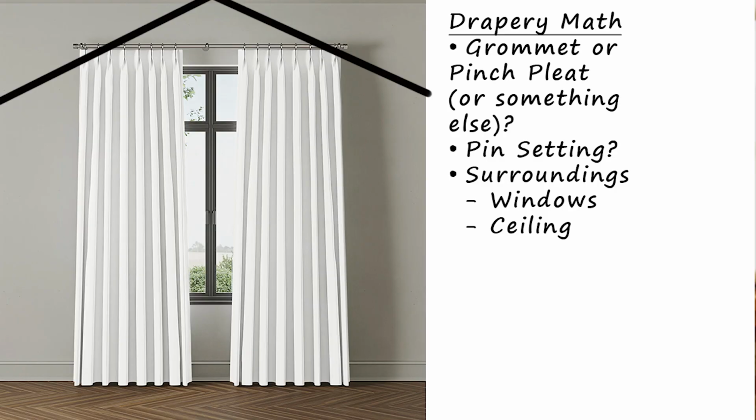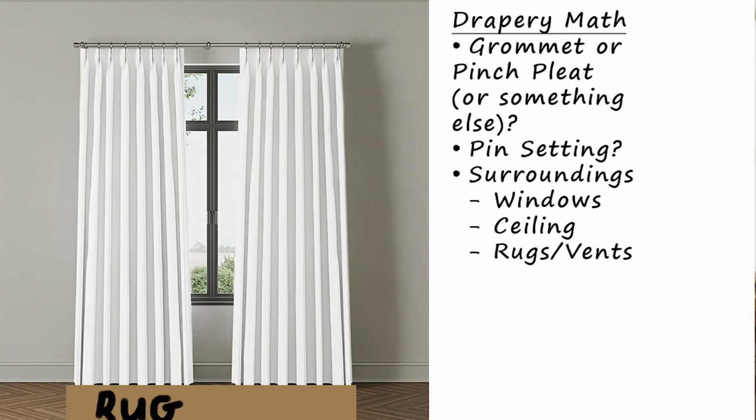Is there a pitch to the ceiling restricting how far you can bring your rod, causing you to lower the overall height or restrict the width? What about rugs and air registers? Any type of vent that protrudes or a really thick rug that may be going in later if it's not there now, or even a simple floor mat may need to be taken into consideration. Don't miss these simple things that can completely ruin your day.